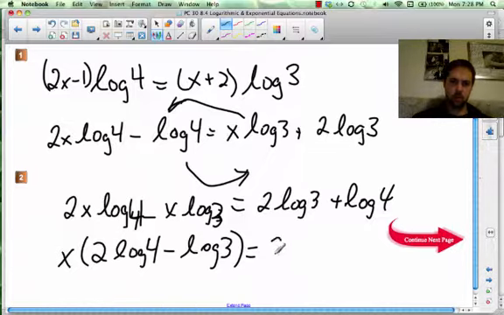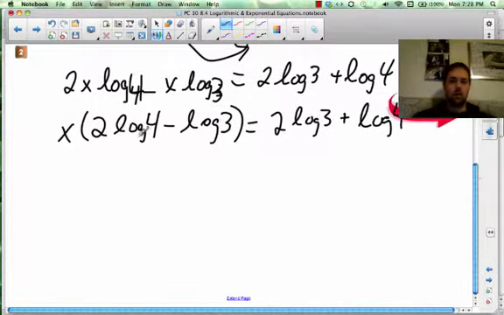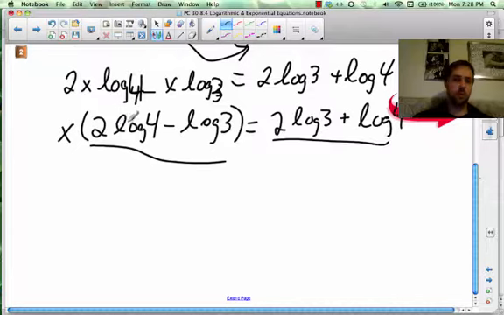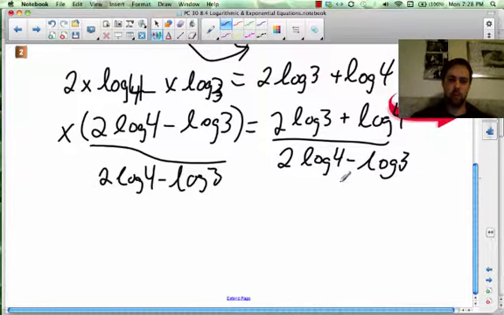And that's equal to 2 log 3 plus log 4. And to get x by itself, we divide both sides by this whole thing here, 2 log 4 minus log 3. So again, you'll need to refer to a calculator for this one.